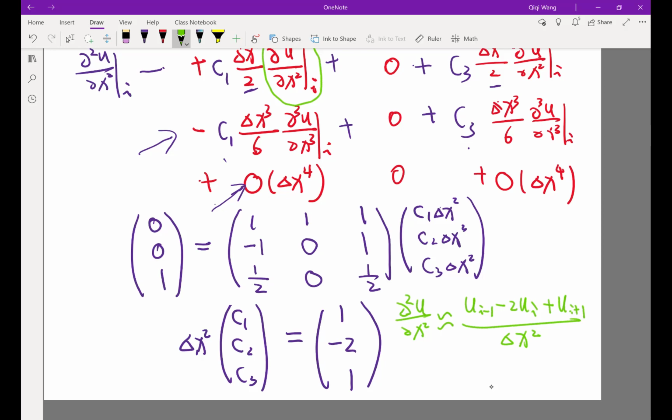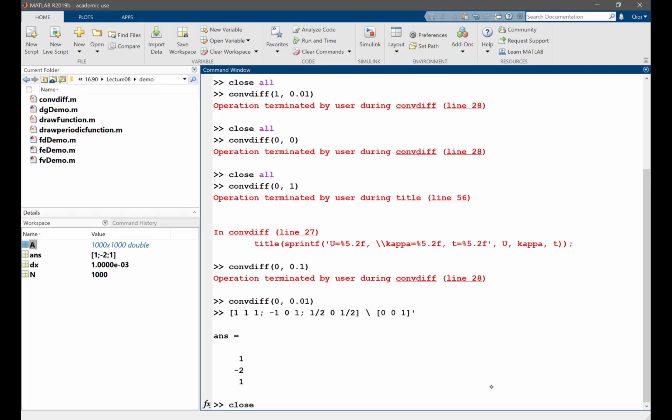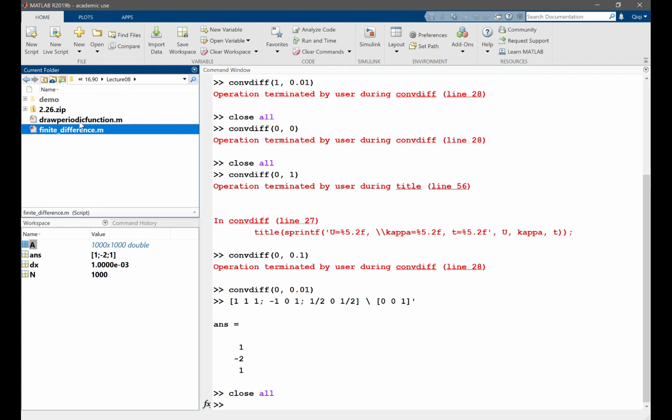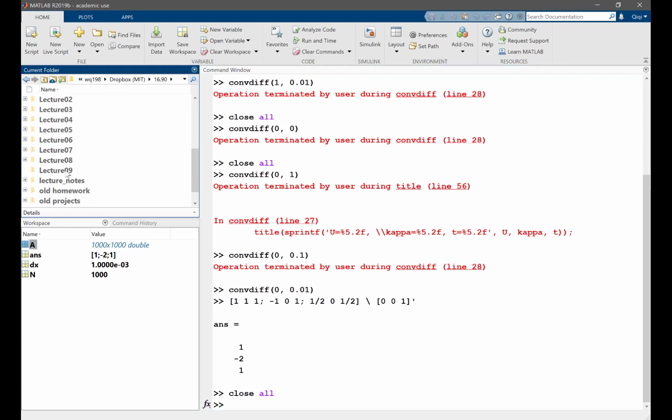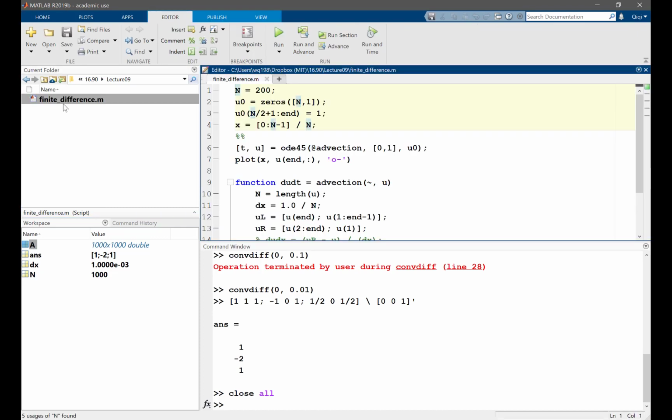Okay, so now let's try to implement them into a scheme. Let's go back and I'll take our finite difference and copy it over here and make it solve a second order equation.